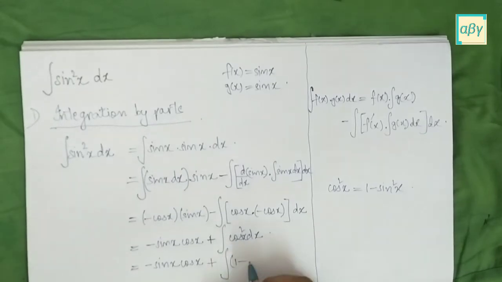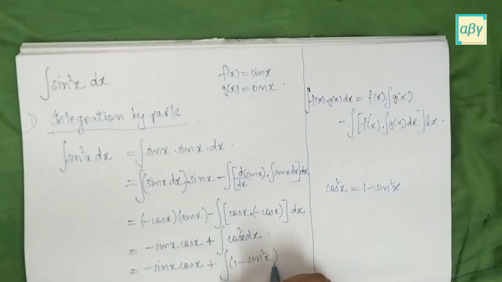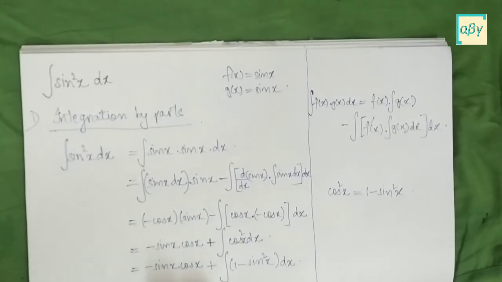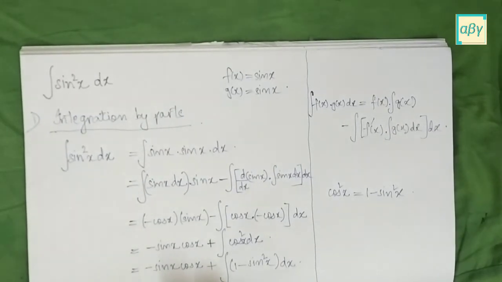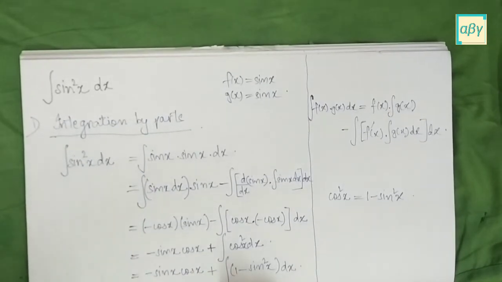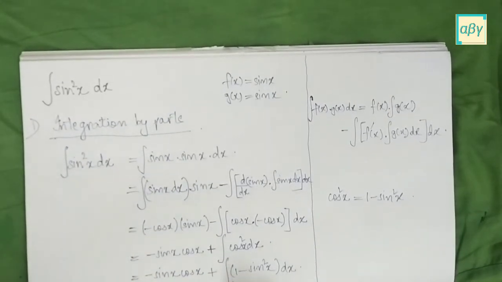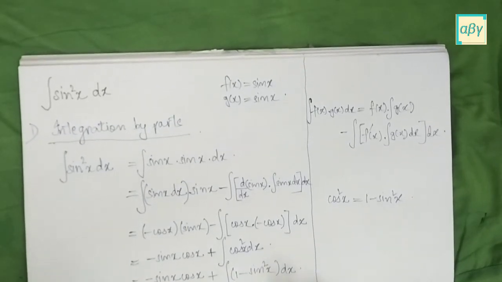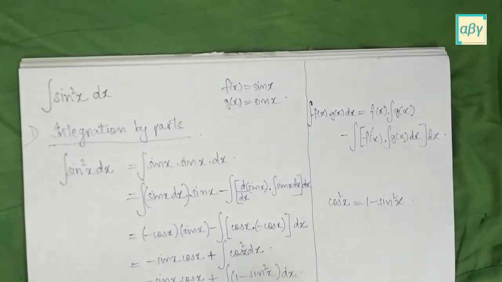So instead of cos square x I can write this as 1 minus sine square x dx. So it will be now equals minus of sine of x cosine of x plus, I can now separate them, so it will become integration of dx minus integration of sine square x dx, the integral which you exactly want to find out.